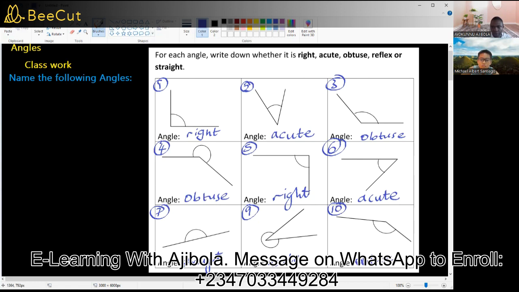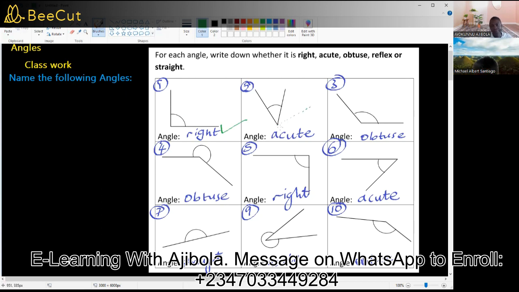Okay, let us check it together now and see how many you get correctly or how many you missed, okay? Now, the first one is 90 degrees, which is correct. The second one is less than 90 because if it were 90, it would go somewhere here.